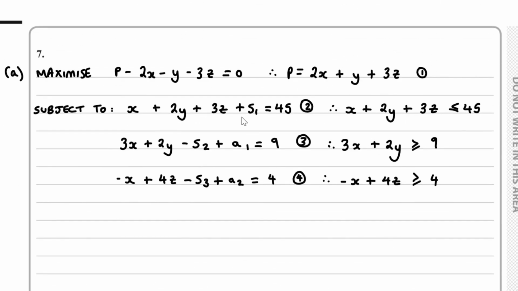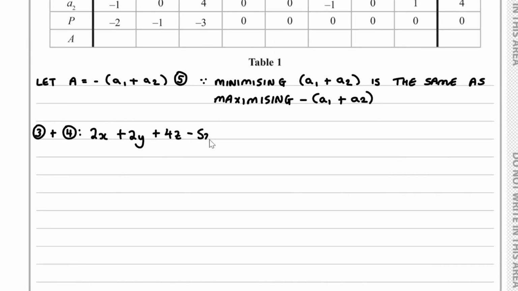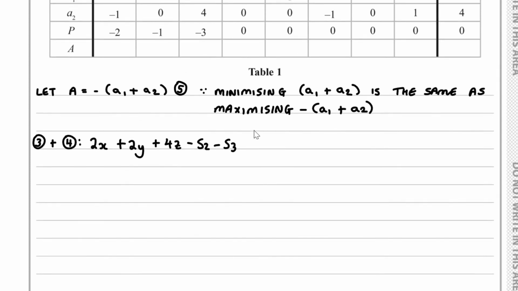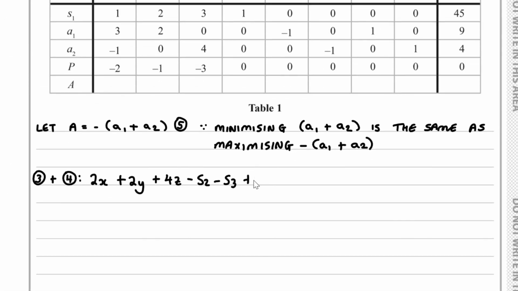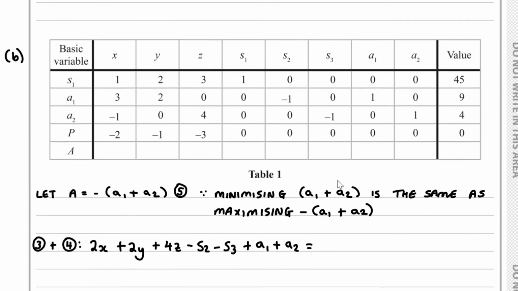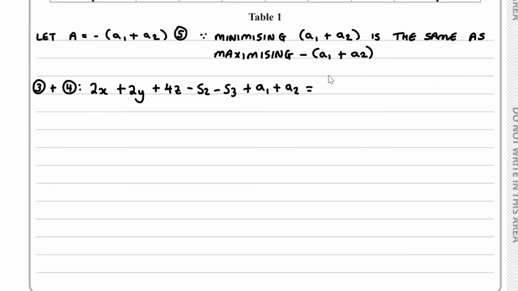And then we've got a minus s2, a minus s3. And then we've got a positive a1 and a positive a2. And this is equal to 9 plus 4, which is 13. And we'll call this equation number 6.